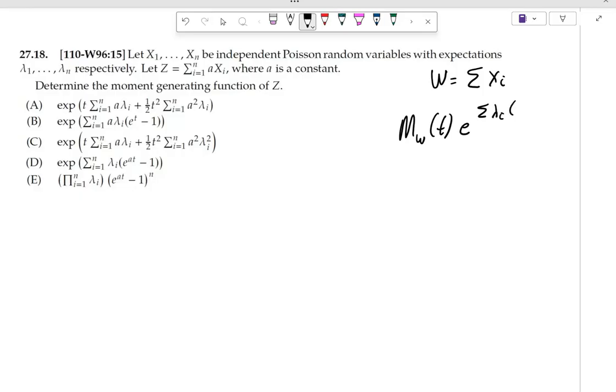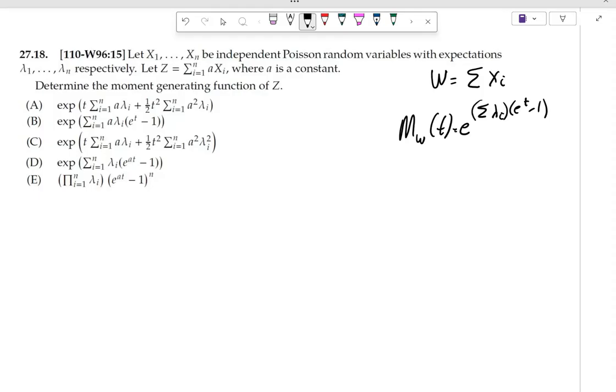Good. And then times that e to the t minus 1. Exactly right. So if I didn't have the a's, I would just add the lambdas, right? Because again, you would just multiply them all together. When you multiply them all together, each of them has an e to the t minus 1 that you can factor out and then just add the lambdas, right?